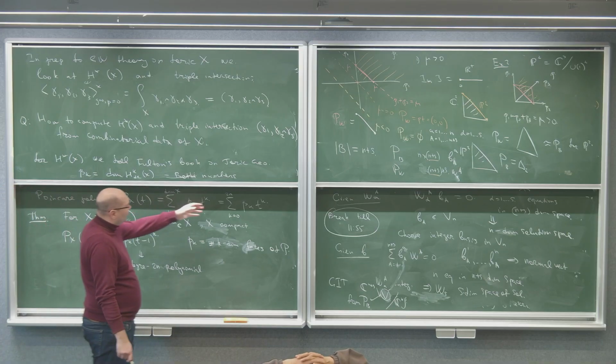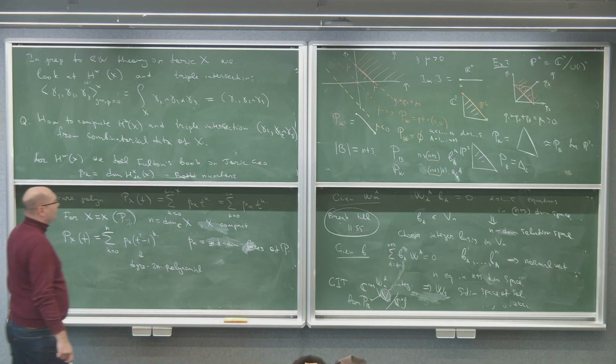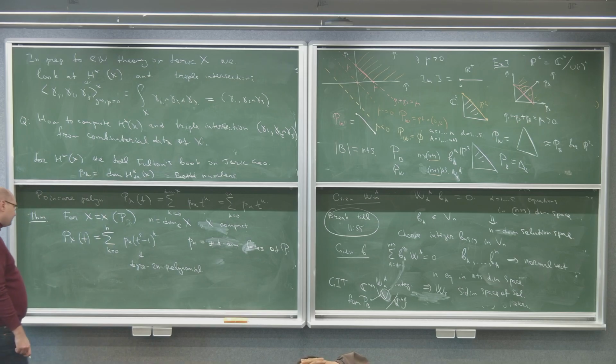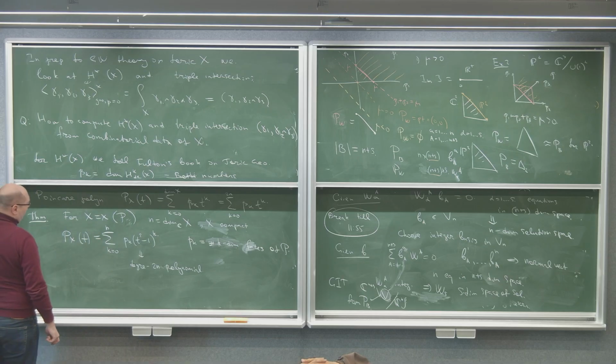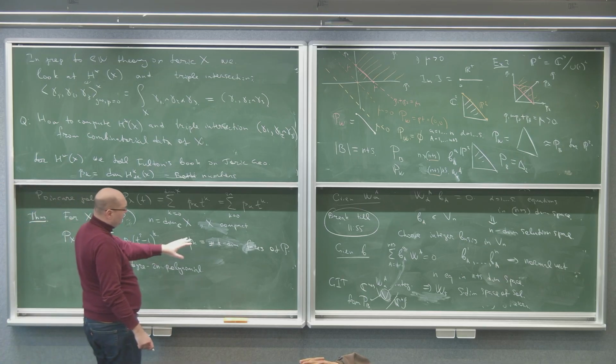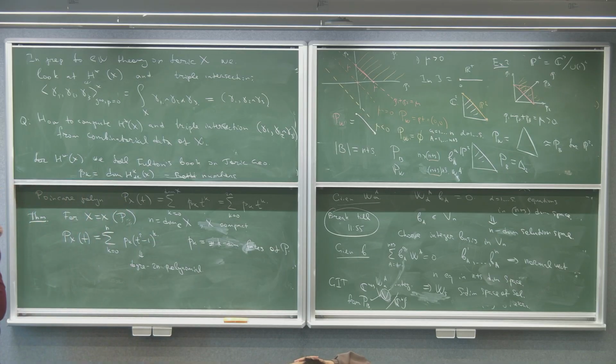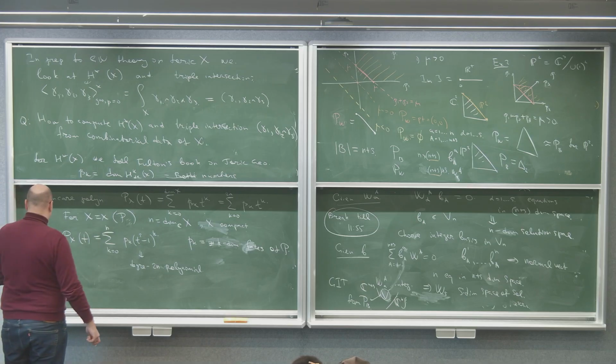And our Poincare polynomial, because X has real dimension 2n, is also a degree 2n polynomial. So that is a very useful theorem. It allows us to get from counting faces of the polytope to computing the Poincare polynomial.